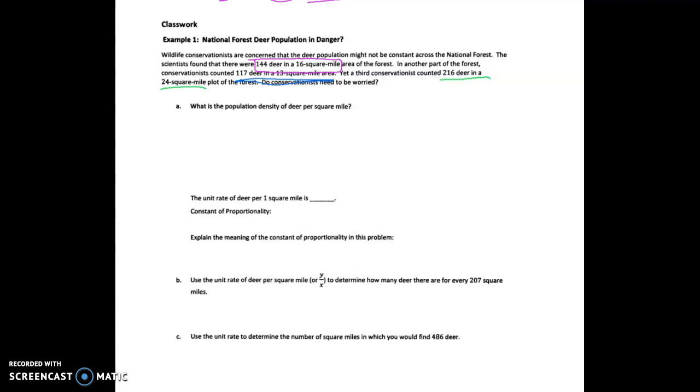Part A asks, what is the population density of deer per square mile? Since we're not sure if they're constant, that's what we need to find right now. So I'm going to set up a table, and I'm going to call this square miles. And this is going to be number of deer.